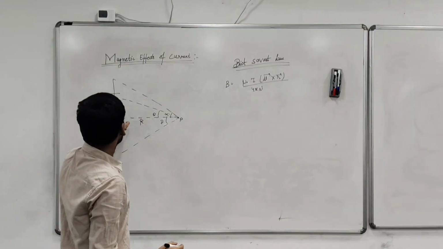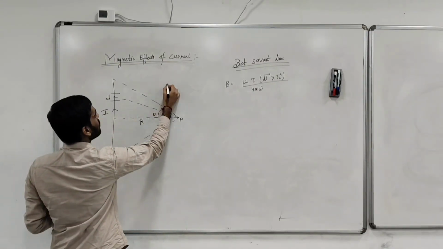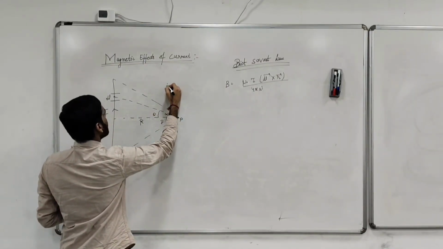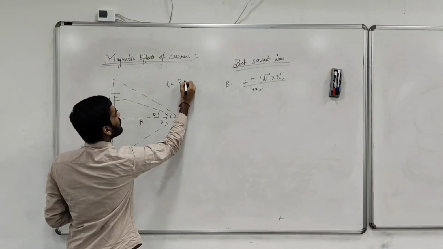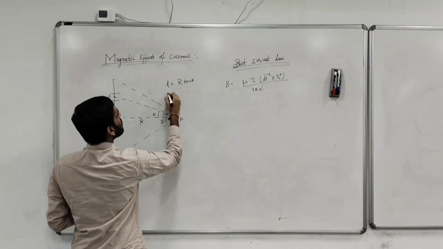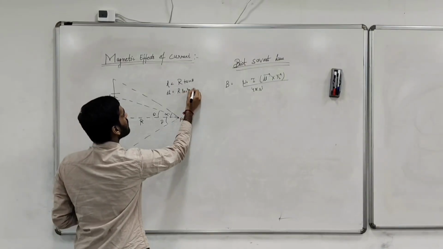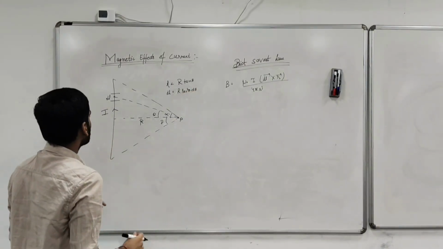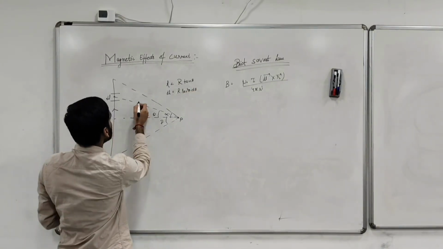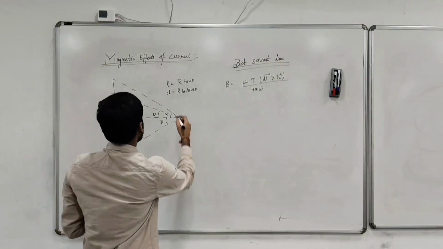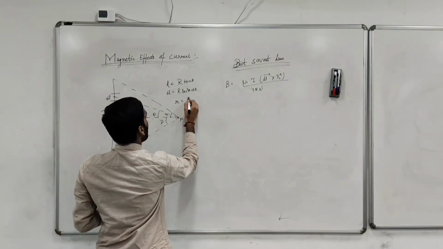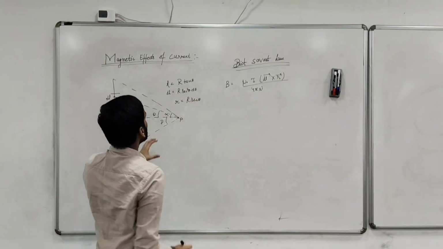Okay, so L is equal to r tan theta, so dl turns out to be r sec square theta d theta. Similarly, this distance is equal to r sec theta.